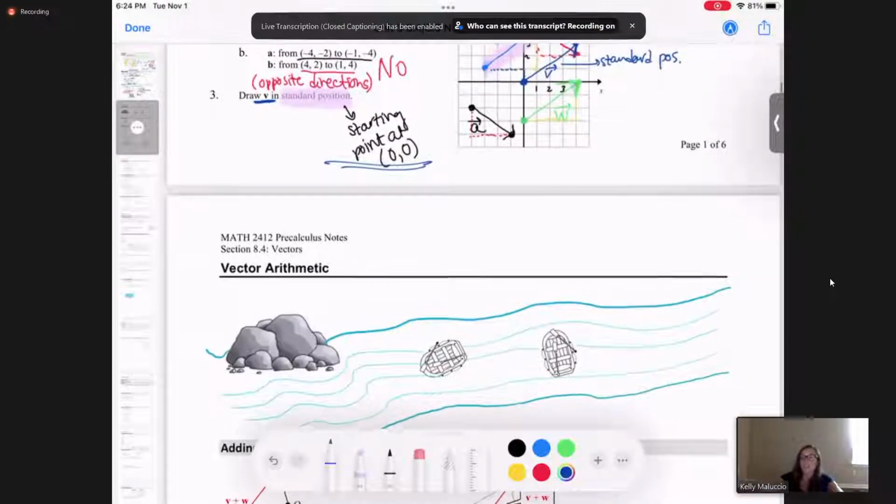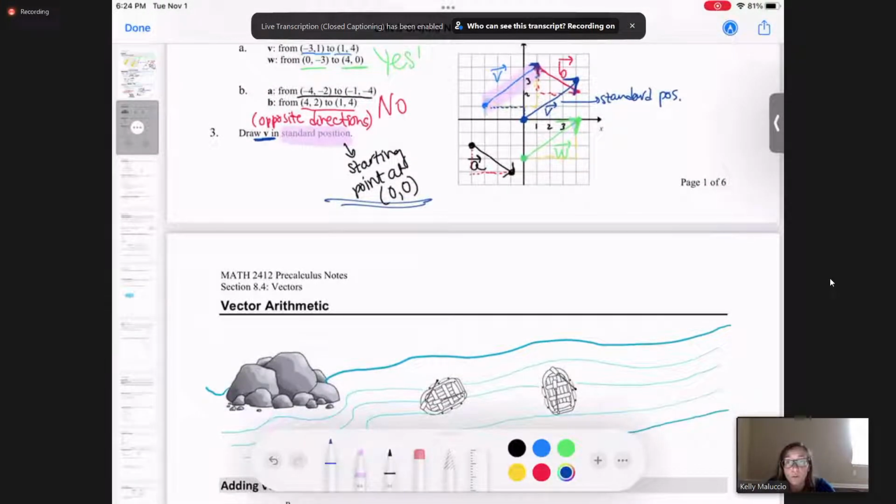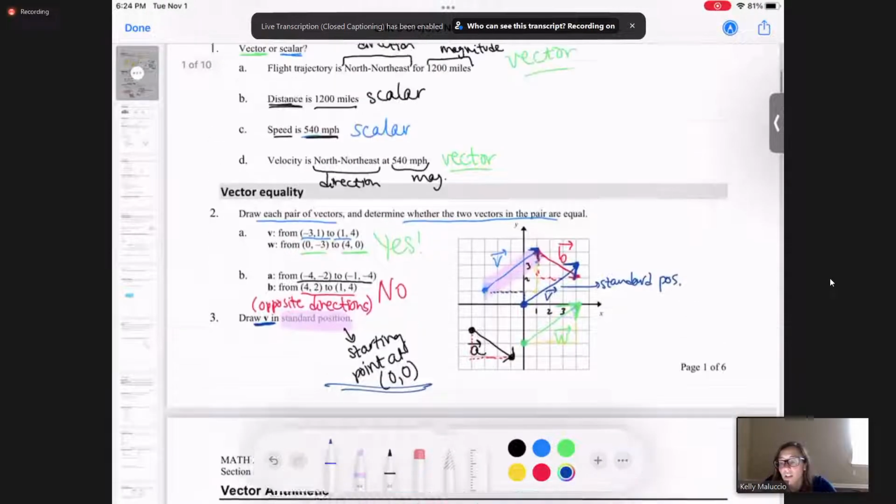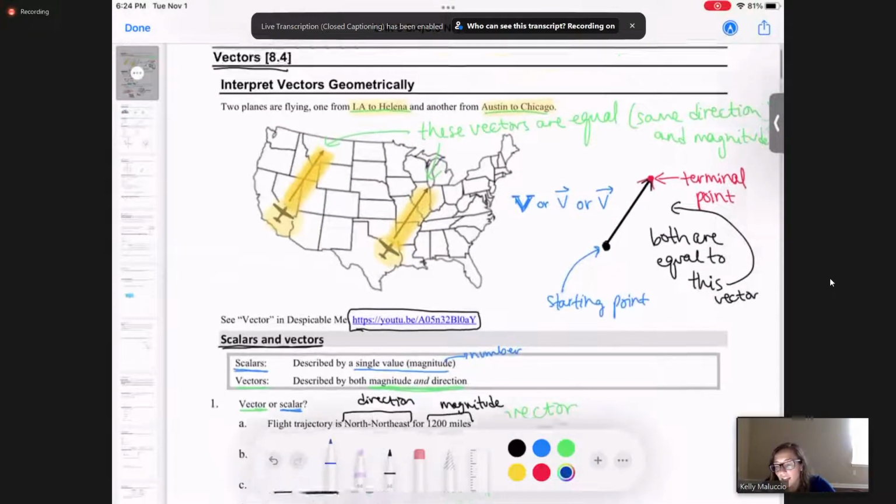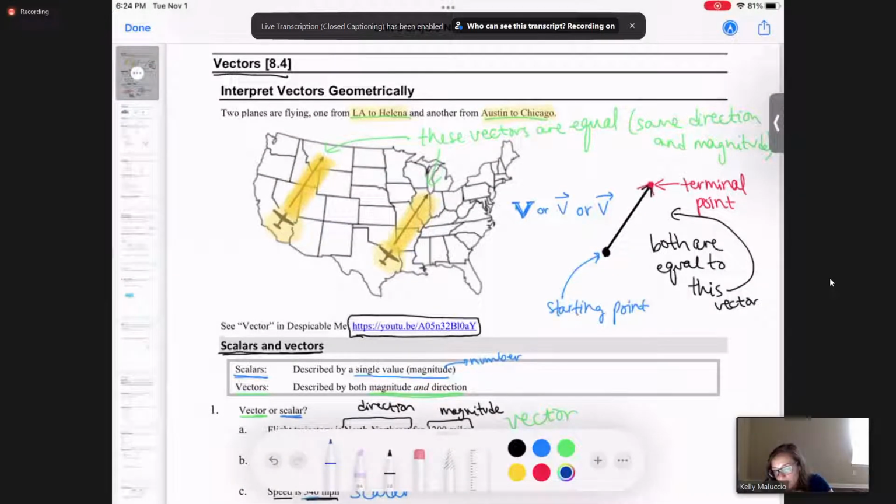We can actually take multiple vectors and add them together. For example, say I wanted to fly to somewhere in Maine. Maybe from Austin there's no direct flight, or maybe you're saving money and not flying directly. So maybe you're flying from Austin to Chicago to Maine.